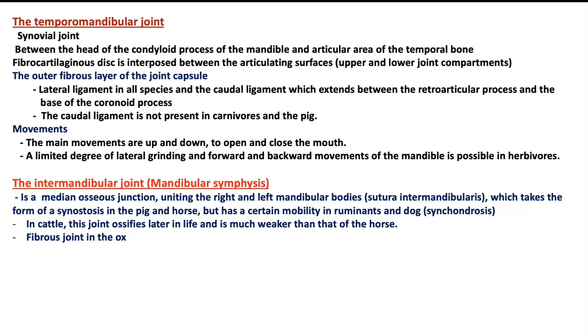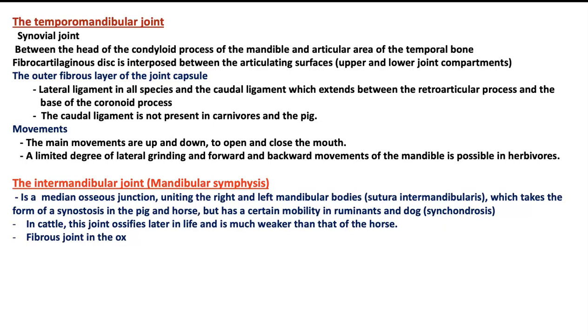And as I mentioned, the intermandibular joint, or mandibular symphysis, will be incomplete in the cattle and in the dog. However, it will be completely ossified, known as synostosis, in the pig and the horse, and this is related to the feed of the animal, or the eating behavior of the animal.